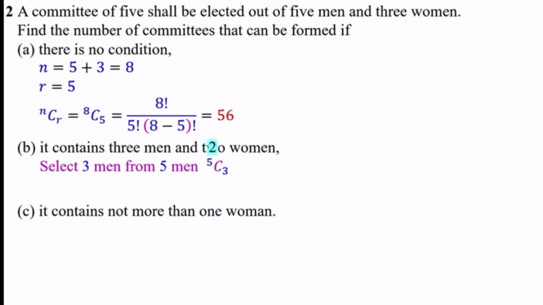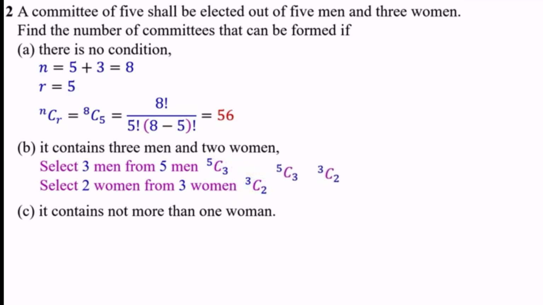Then out of 3 women, we are going to choose 2 women, so it will be 3C2. The number of ways always follows the multiplication rule, so we just multiply 5C3 times 3C2.